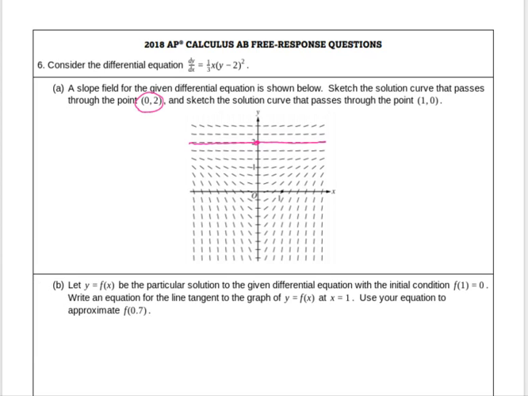And then, sketch the solution curve that passes through the point (1, 0). So that's right here. In order to follow the slopes, this kind of goes up and almost looks like it's going to go towards an asymptote. This kind of goes down and maybe turns back around here and then starts to curve up that way.